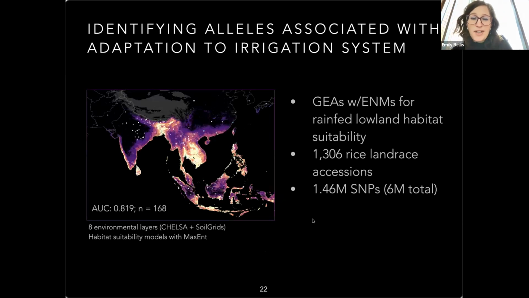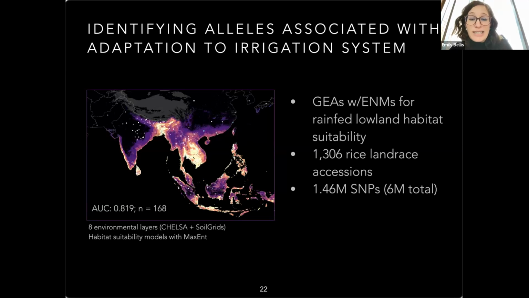When we first approached this question, here again we are using environmental niche models as a way to reduce dimensionality of environment and basically capture irrigation system as an environmental gradient.